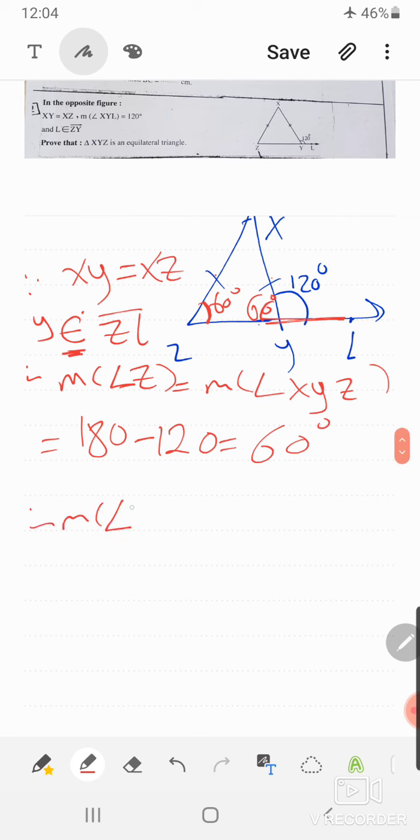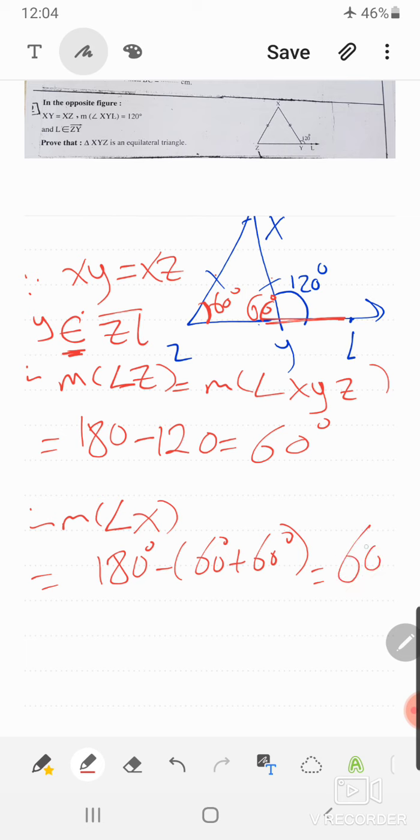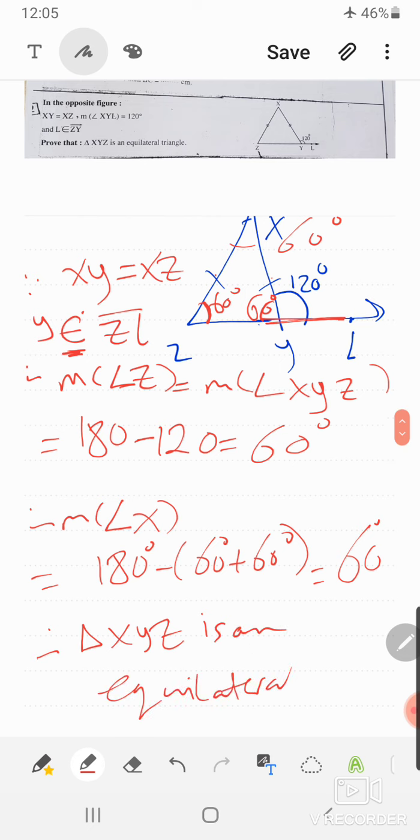Therefore, measure angle X equals 180 minus 60 plus 60, equals 60 degrees. Of course, therefore triangle XYZ is an equilateral triangle. Understand till now?